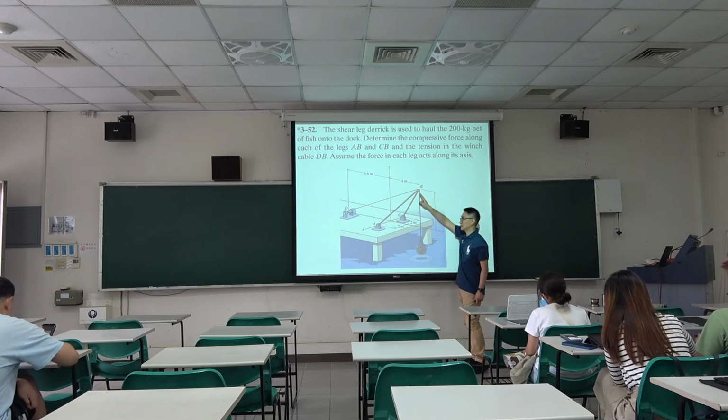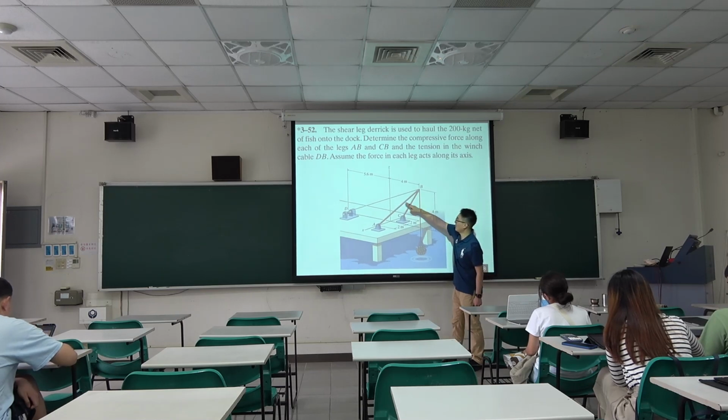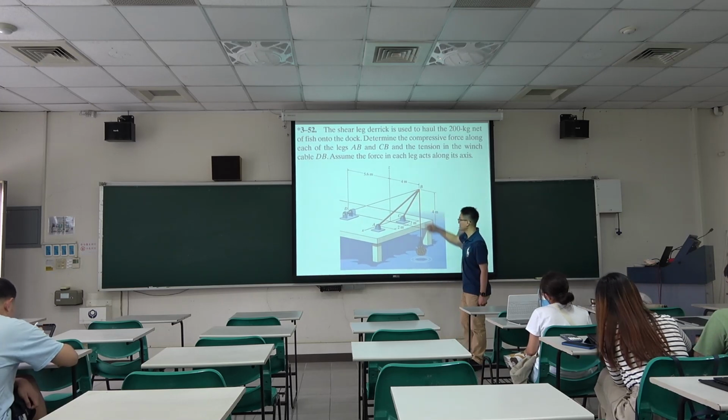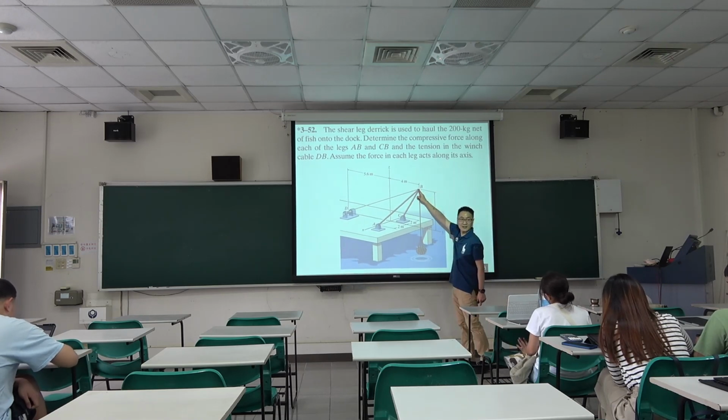So the fish is loading vertically, which means the negative Z direction. All three forces from the cable and two legs are connected to this point, and the fish loading is also connected to this point.